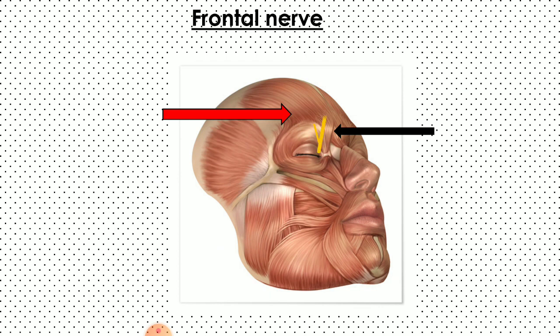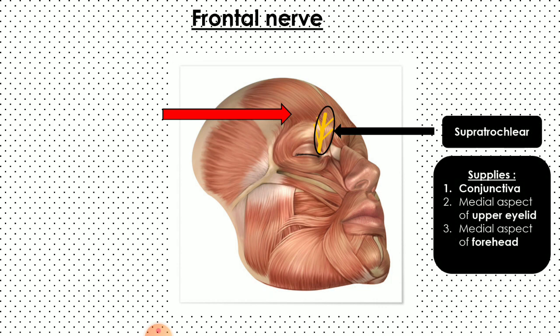The first branch runs towards the medial part of the forehead, and this branch is called the supratrochlear nerve. It supplies the conjunctiva, then the medial aspect of the upper eyelid and the medial aspect of the forehead.